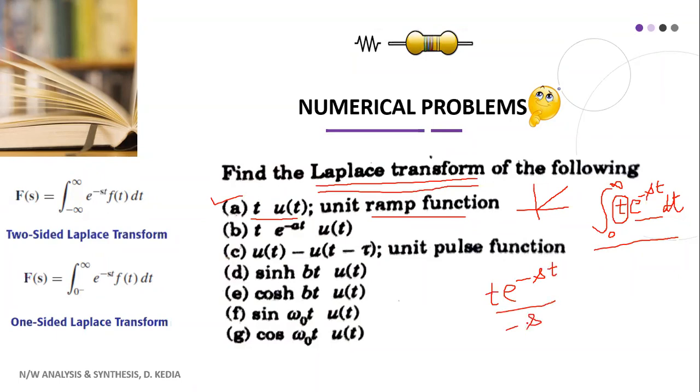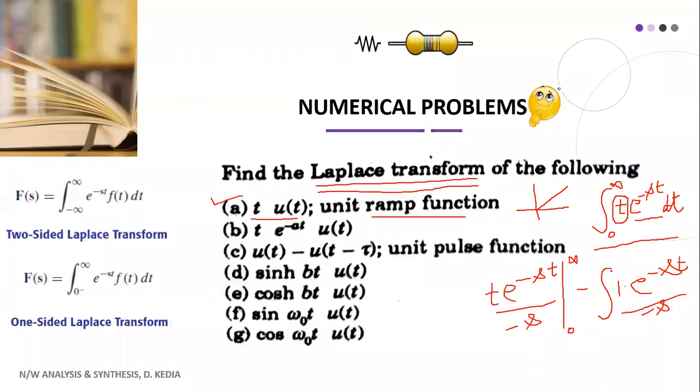So this is the first expression you get, and you will apply the limits of integral from 0 to infinity. Then you will have minus, under the sign of integration, the differentiation of the first function. Differentiation of t is nothing but 1. Then you will have the integration of the second function, that is e raised to power minus st divided by minus s.